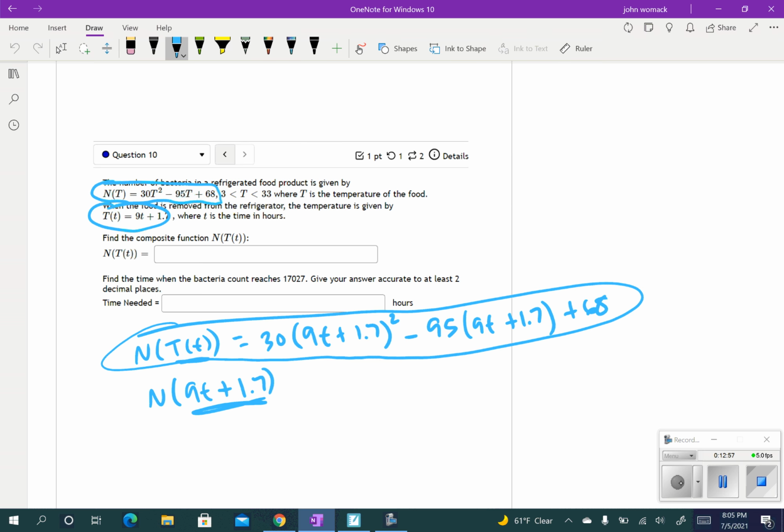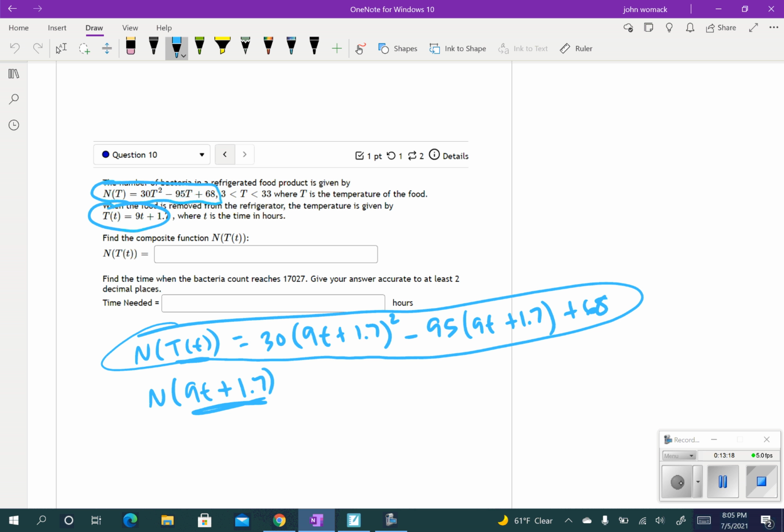Okay, now it says find the time when the bacteria reaches 17,027. Give your answer accurate to 2 decimal places. For that case, I don't love this second part of the question. In fact, I'll make sure you all get credit for it. I don't care if you just skip it.